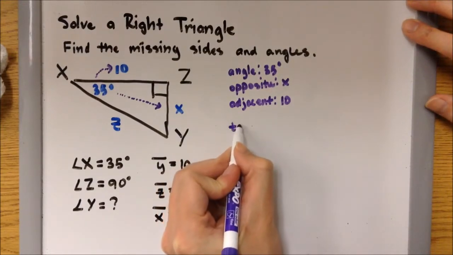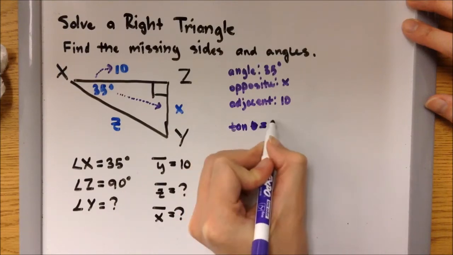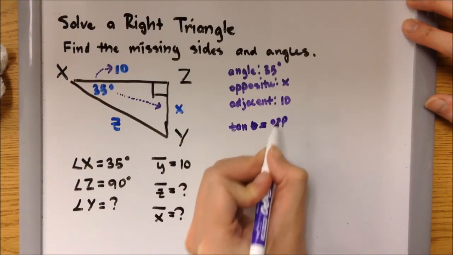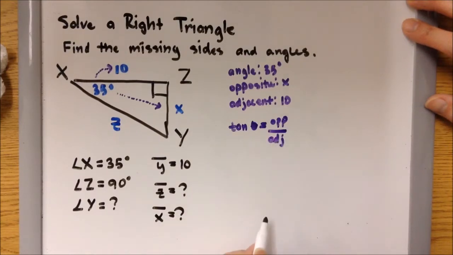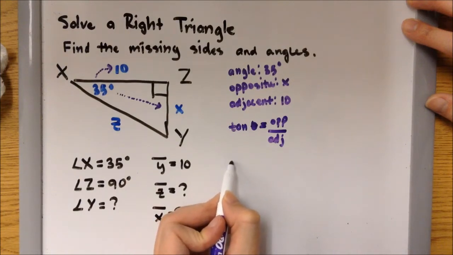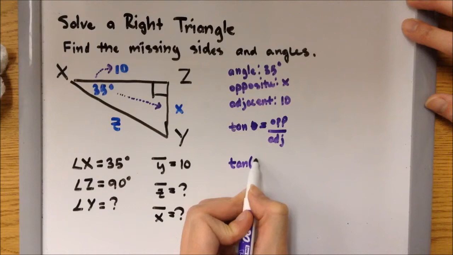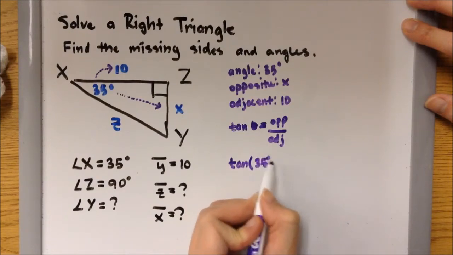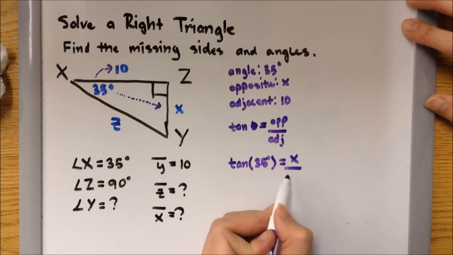So tangent theta equals opposite over adjacent. So it's going to be tan of 35 degrees equals X over 10.